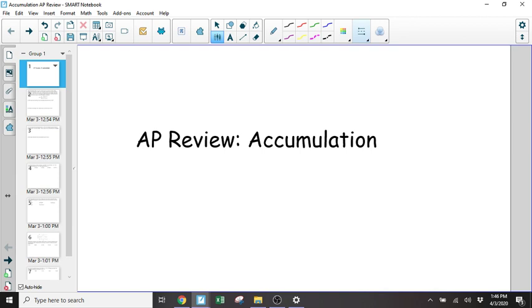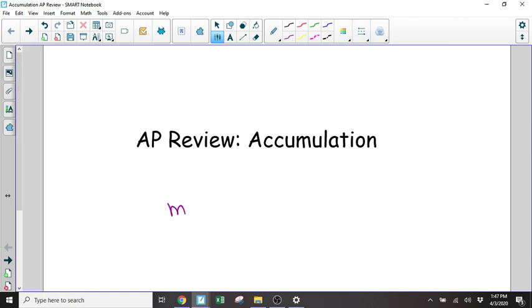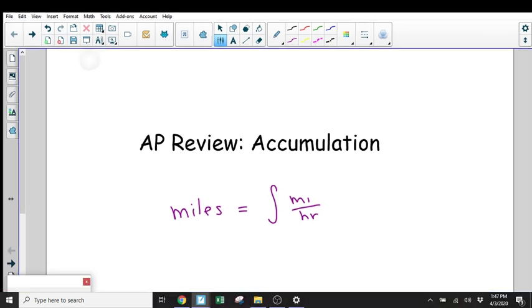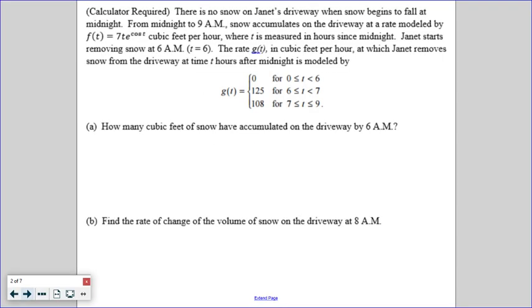Something like if we want to know how many miles have been driven, our miles end up being the integral over some interval of our miles per hour function. And so I want you running everything through that frame of reference, that we're talking about using integrals to help us with our accumulation topic here.